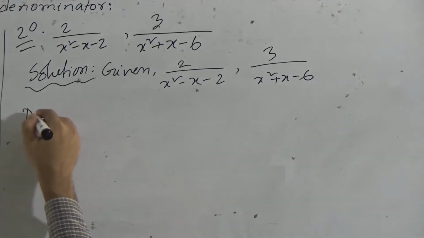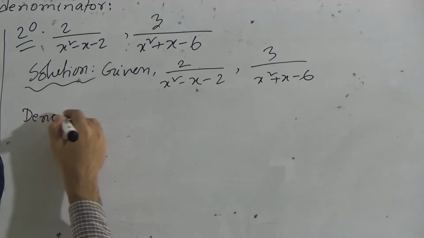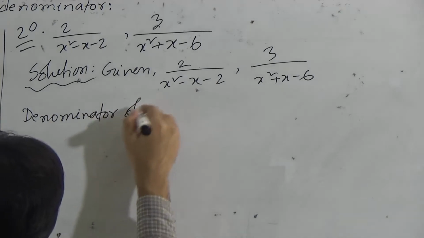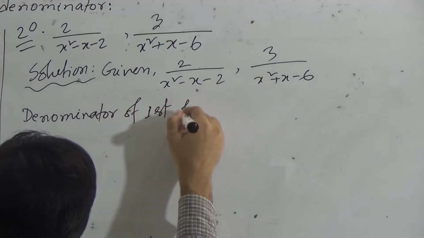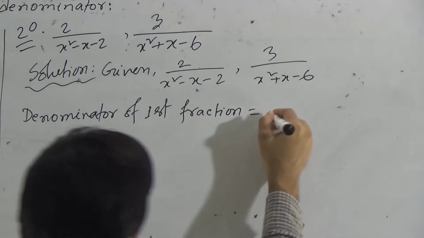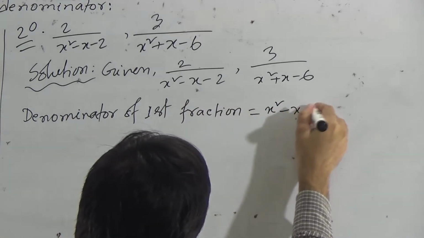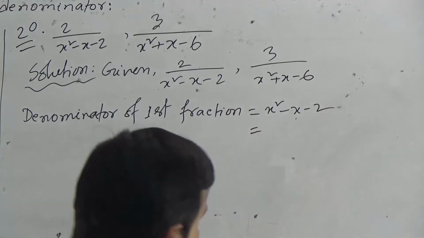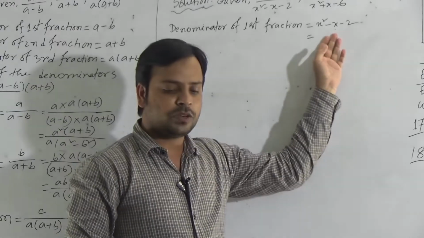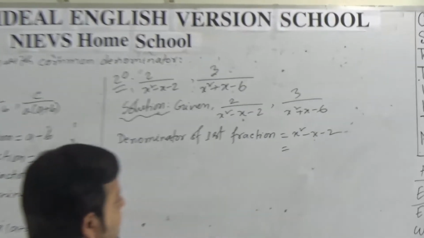So we can write the denominator of the first fraction, that is x square minus x minus 2. Dear students, now see, this is middle term factorization. We can do this easily.